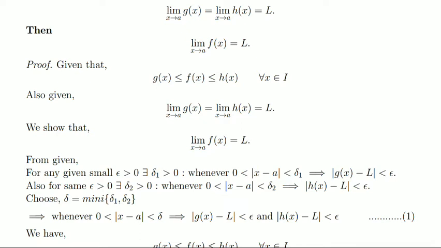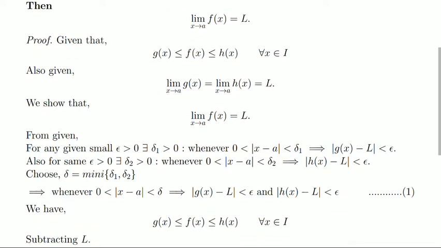Also for the same epsilon greater than 0, there exists delta 2 greater than 0 such that whenever 0 < |x − a| < delta 2, this implies that |h(x) − L| < epsilon. This I have written from the definition of the limit of a function. Now choose delta equal to the minimum of delta 1 and delta 2.